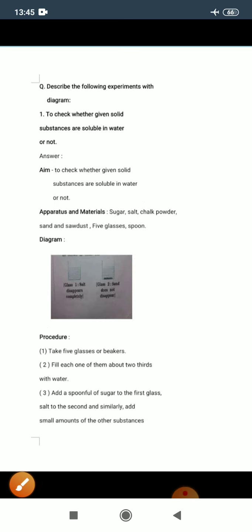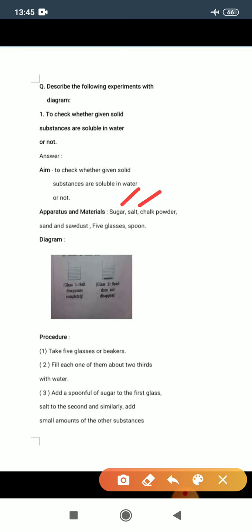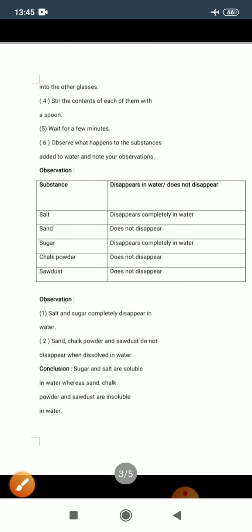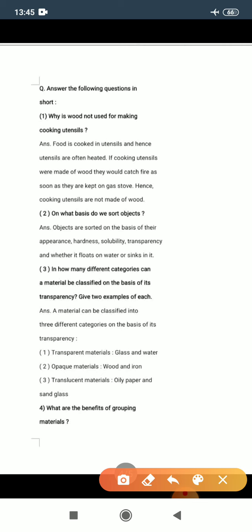From these, sugar and salt will easily mix with water, but chalk powder, sand and sawdust will not. So with the help of this experiment we conclude that sugar and salt are soluble substances, whereas chalk powder, sand and sawdust are insoluble substances.